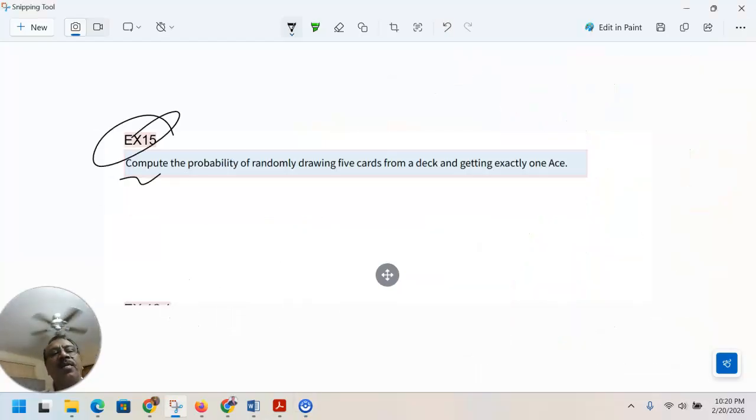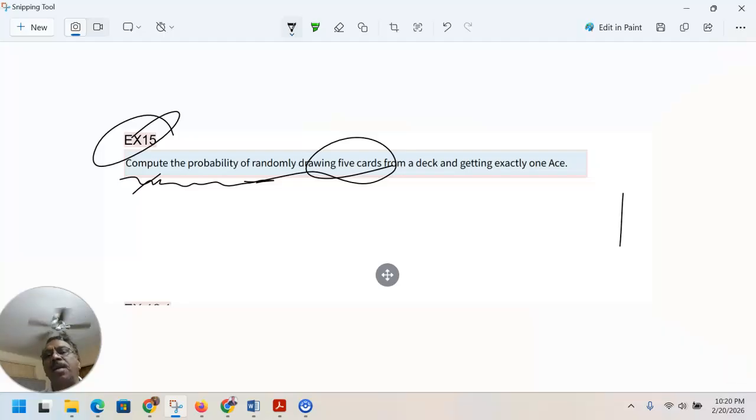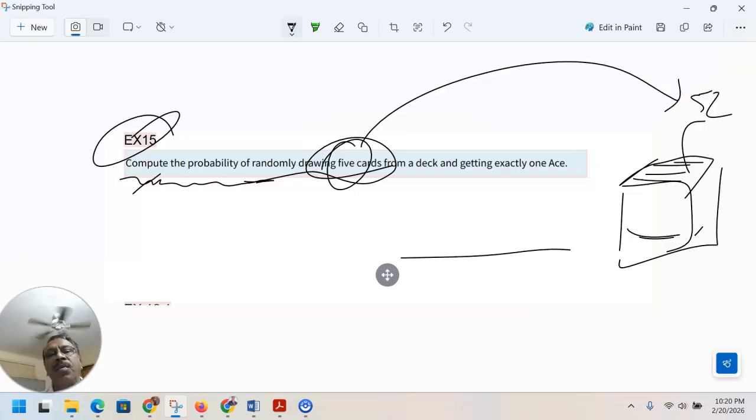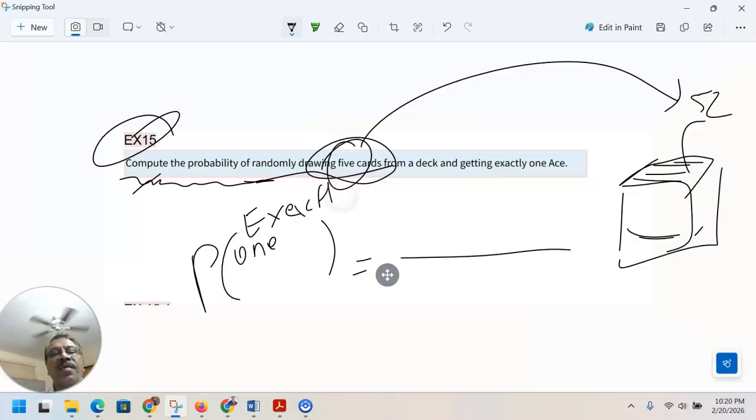Now, this is the easiest. I don't know why they gave it so late. So you pick 5 cards from a deck of cards. There are 52 of them. So you're picking 5 cards from 52, right? When you want to know the probability that exactly one is an ace, what is the meaning of exactly one?